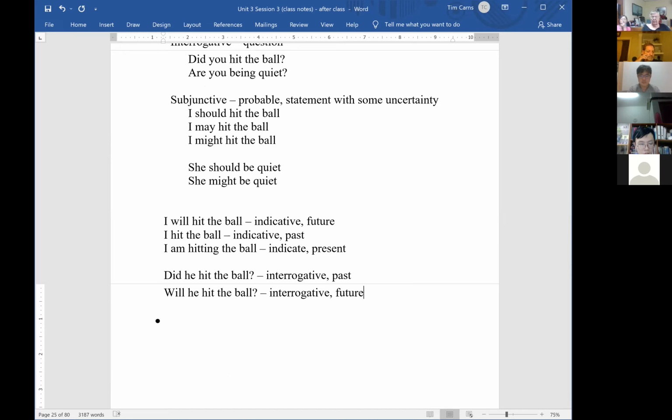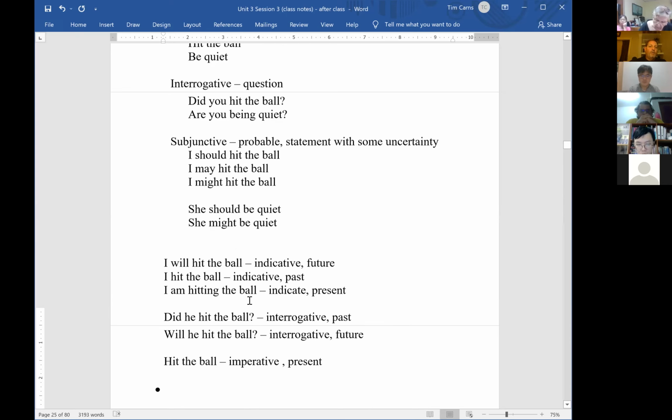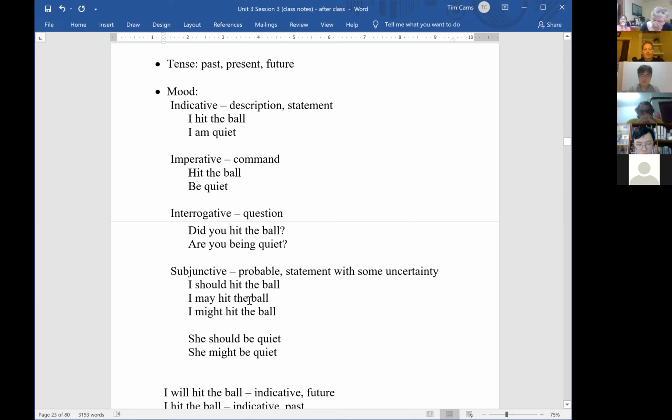And then as I said before, in the imperative, it would be in the present, hit the ball. Okay, that's a present tense imperative. All right, so keep those in mind. Three tenses, past, present, and future, and then four moods of the verb.